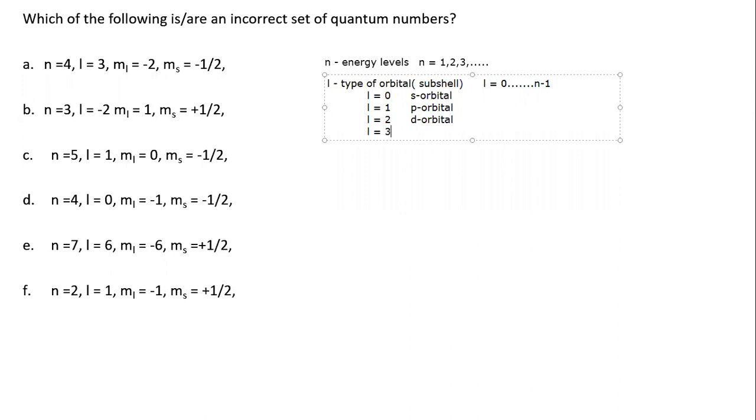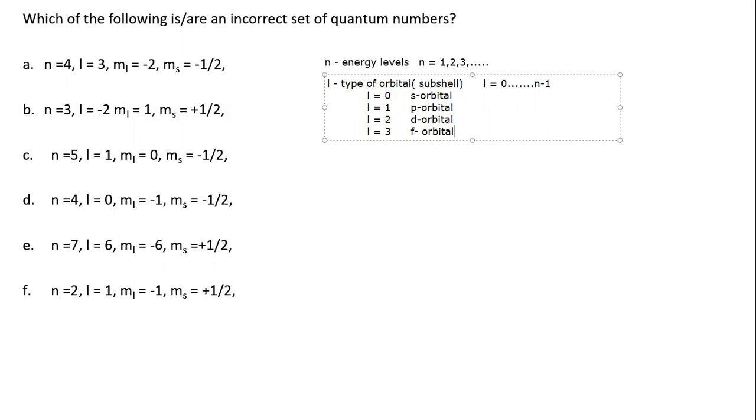L equals 3, an F orbital. After F, it keeps on going down the alphabet: G, H, etc. These are probably the most common ones that we'll encounter because most elements will have one of these 4 types of orbitals. So L tells you the type of orbital where an electron is.